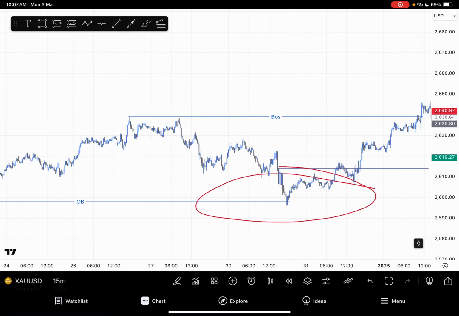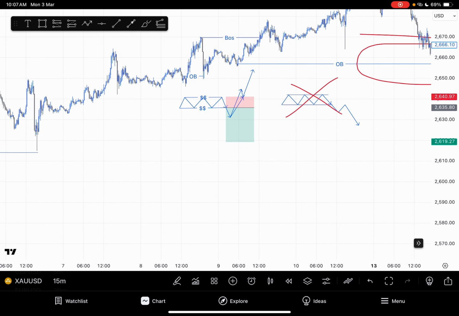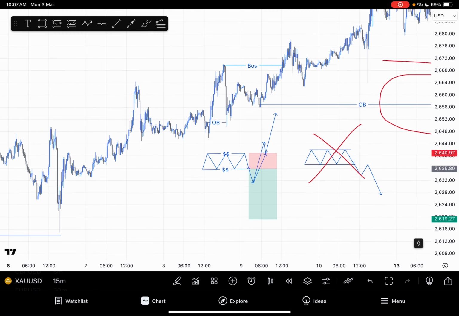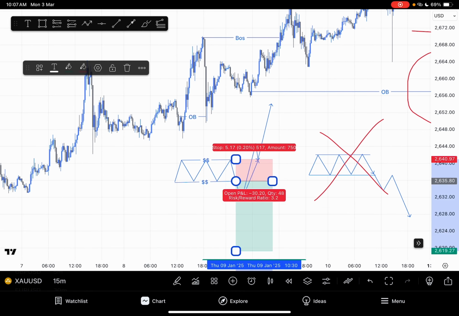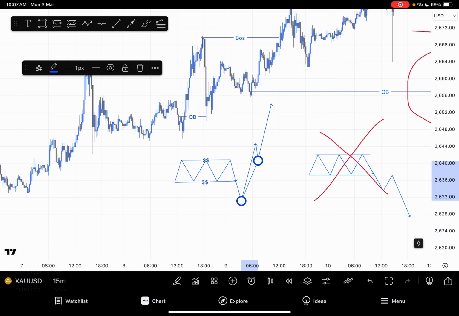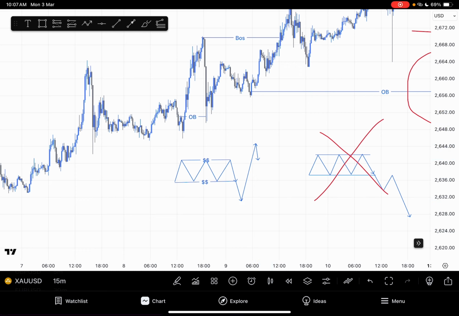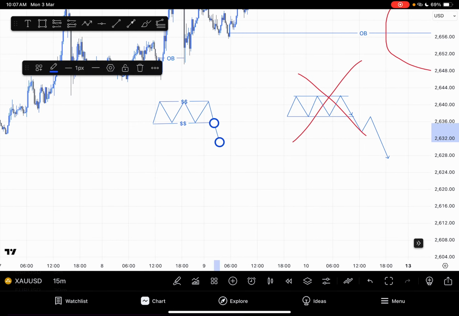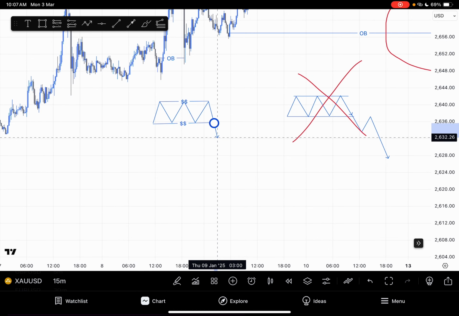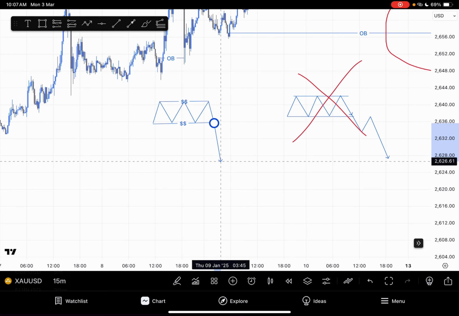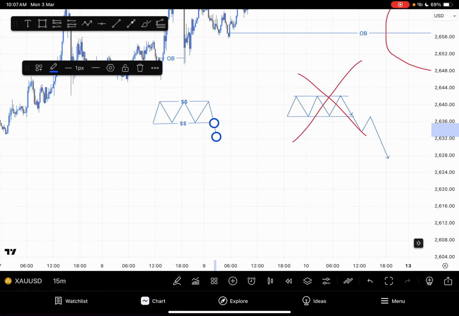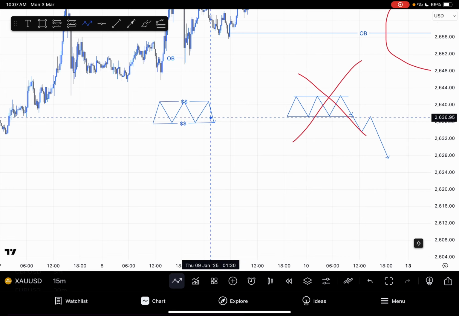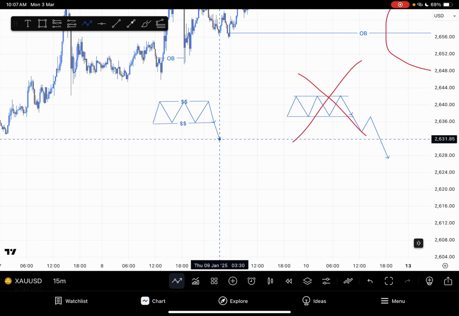And one thing you should also know is that price can also consolidate in this manner. After the breakout, you just see price do a continuation, creating multiple breaks of structure to the downside.